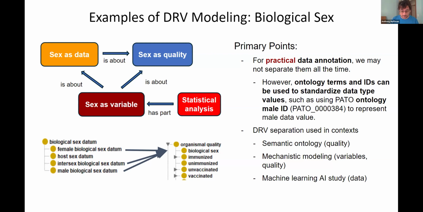quality. Which raises a question: in what context would we use the separation, and why does this matter? When it comes to the realm of semantic ontologies, or trying to find some of the relationships with what's set up, all that would be about the entity in reality or the qualities, where we're looking at these axioms and details. When we're trying to understand the mechanistic modeling of a vaccine study, then we're interested in both the actual variables, which can serve as inputs or data items for what goes in, but also the different entity in reality they reflect.